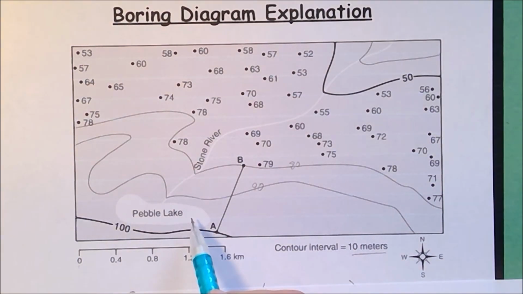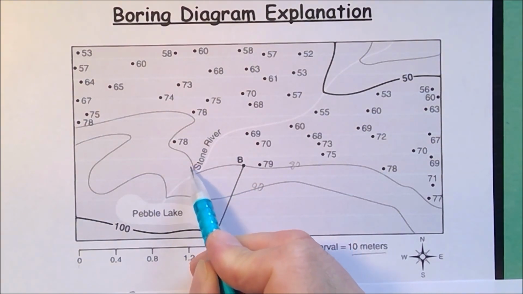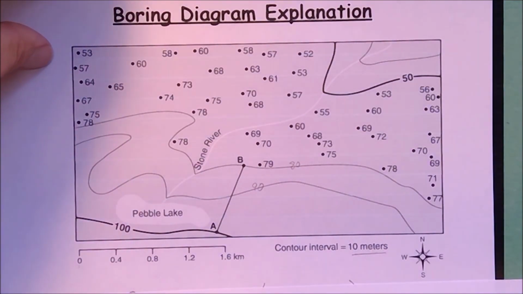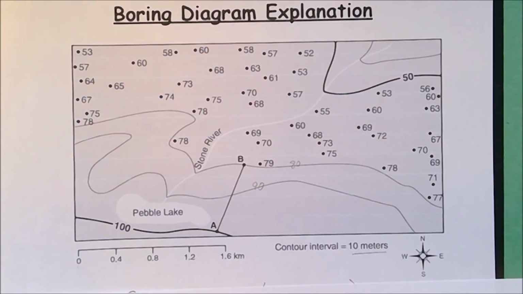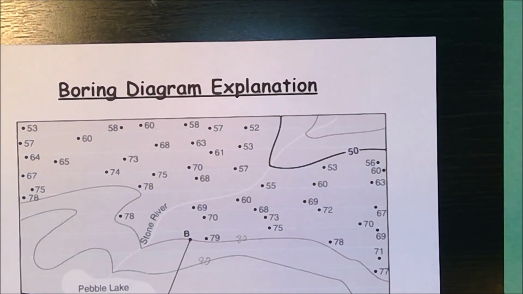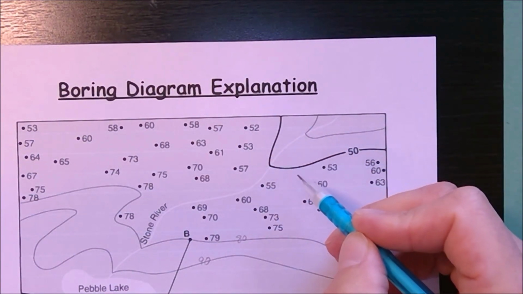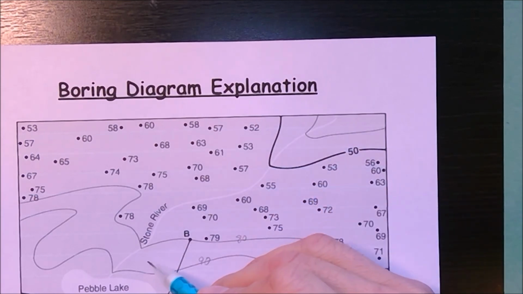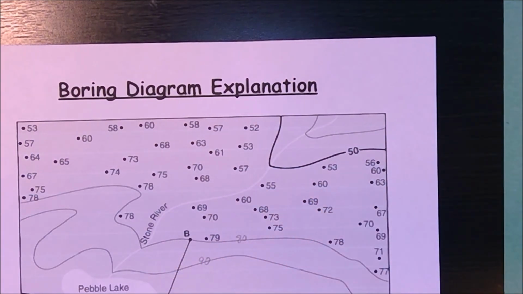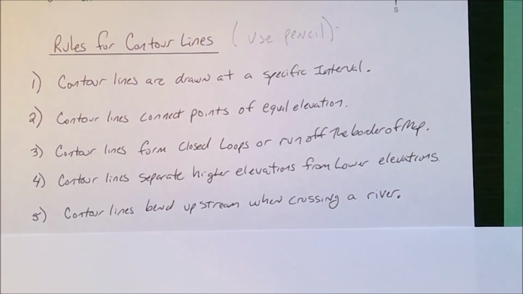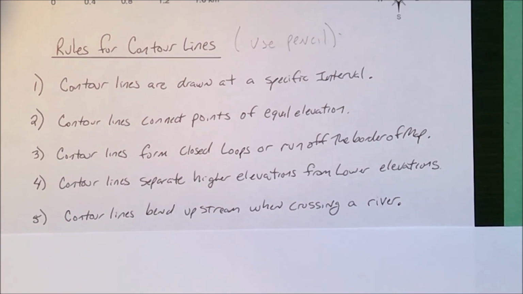So the general rule is if your line is approaching a stream or a river, for every single one of these lines on the map, the contour lines bend upstream. Some teachers call these a V, but it's a bend in the contour line. But it always points towards higher elevation, so the stream flow is in the opposite direction. So if we go down here, please indicate to yourself contour lines bend upstream when crossing a river.